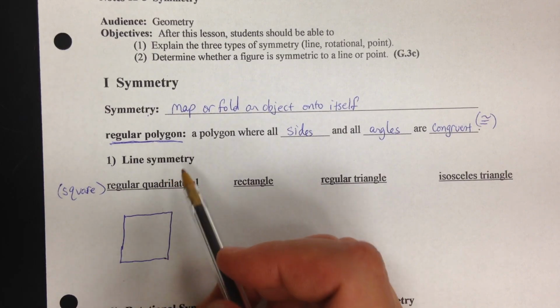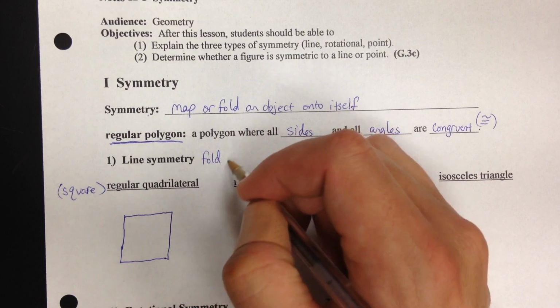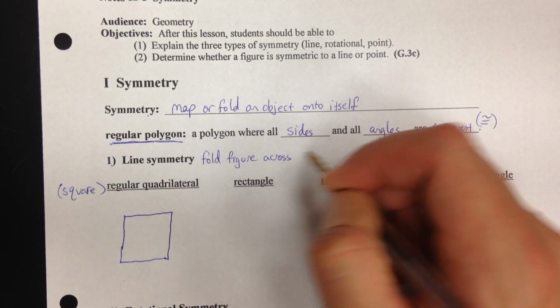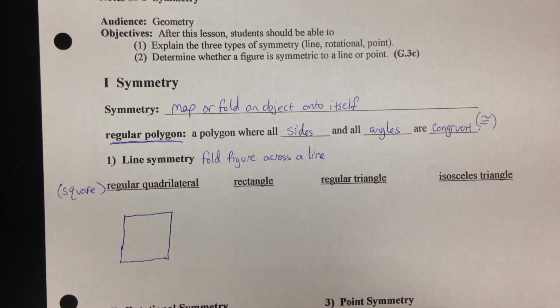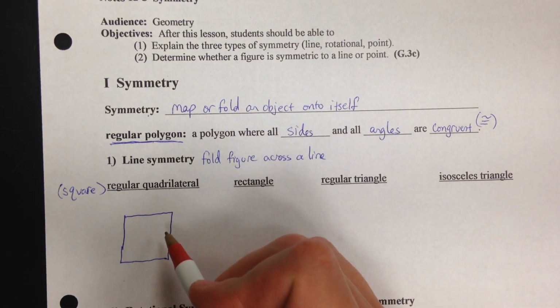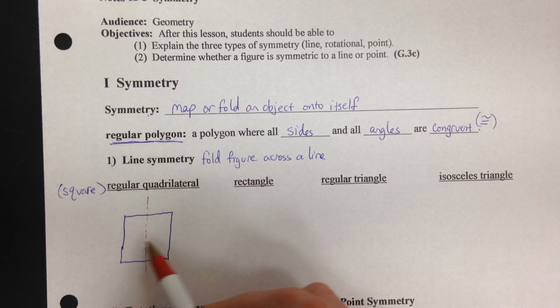So the idea of line symmetry is you can fold the figure across a line. So in other words, thinking about this square, and I know this is not the best looking square that I've ever drawn, but if I drew a line straight down the middle, the left side and the right side could fold onto each other. So that's one line of symmetry.